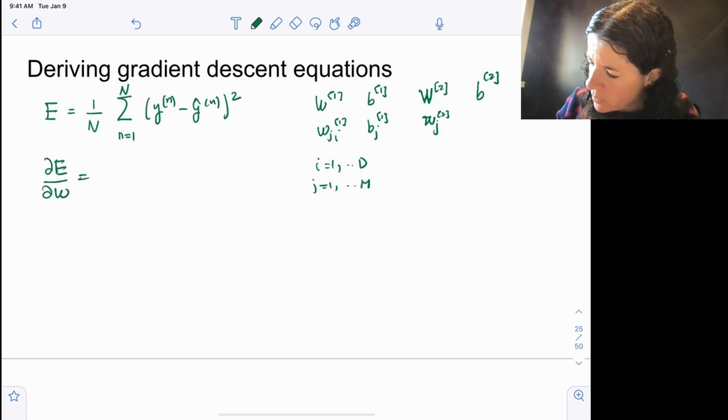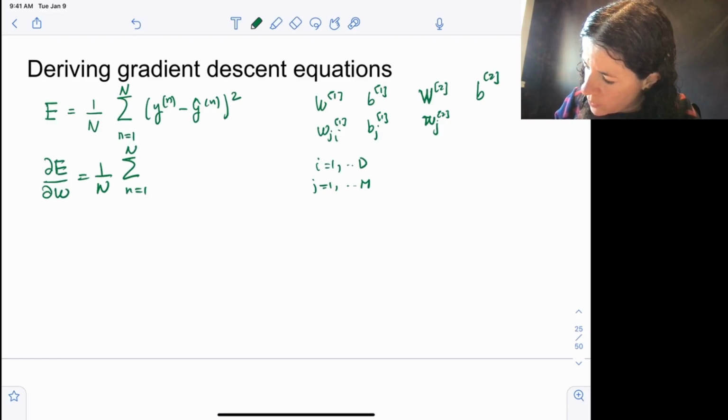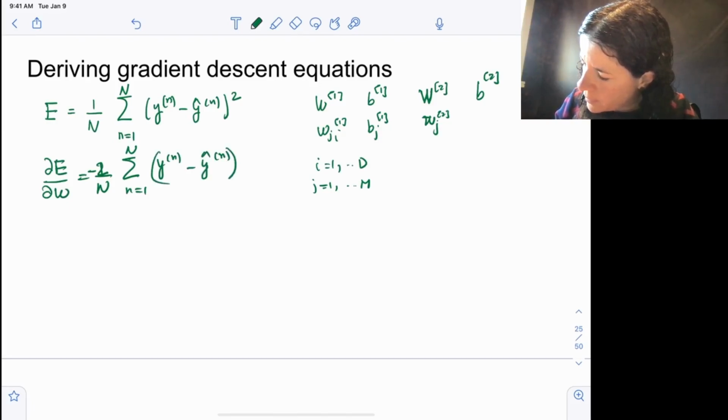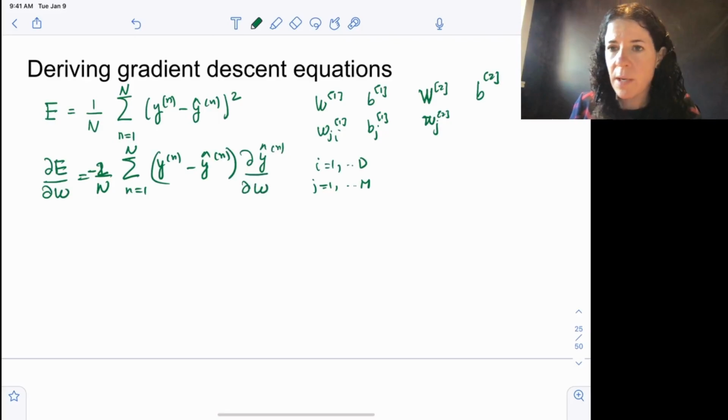So we know that we can easily just say, well, there is a minus here, there's a 2, there is y_n minus y hat_n, and then there is d y hat_n over dW, okay?